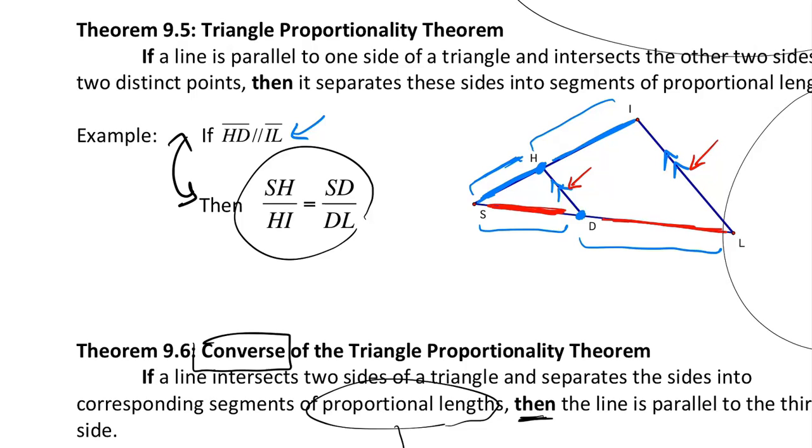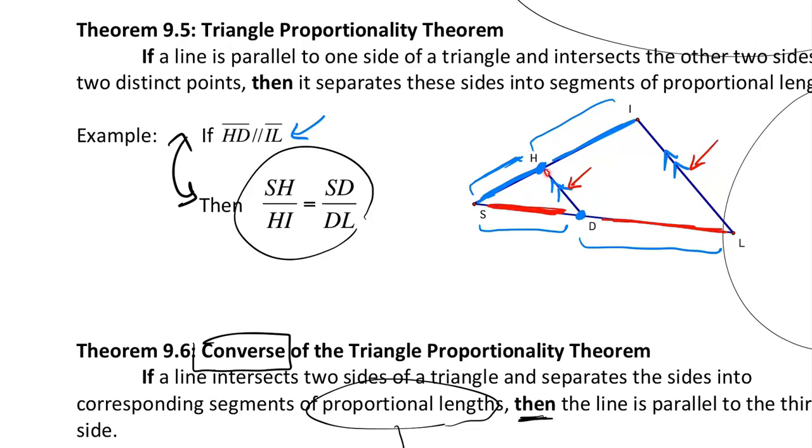And also, notice when we're comparing these segments, this segment SH is the side of a triangle, whereas this segment HI is not the side of a triangle. It's only part of the side.